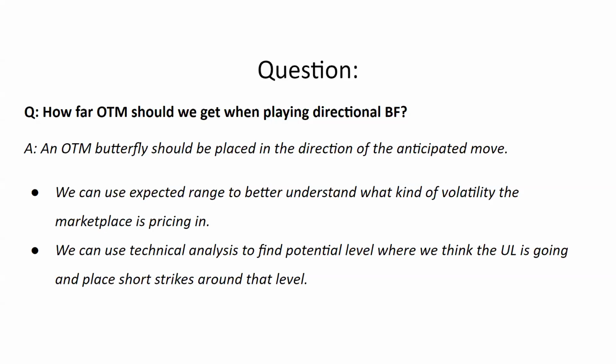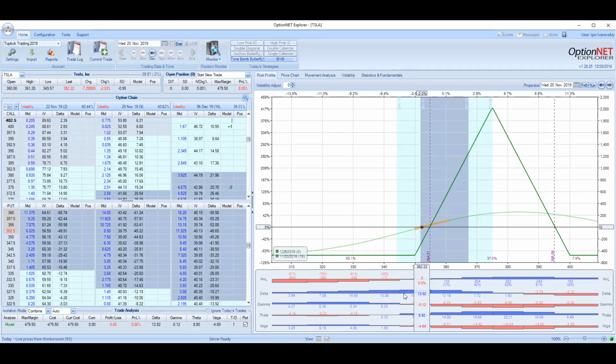Now I'm going to switch over to OptionNet Explorer for a second and just take a quick example of a trade that I would set up. This is just as an example.